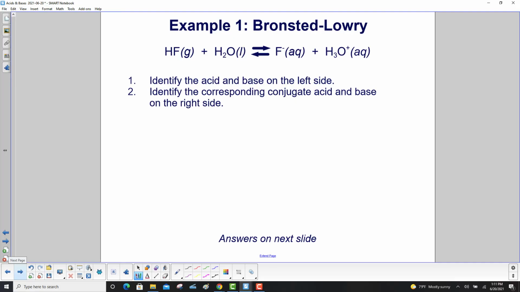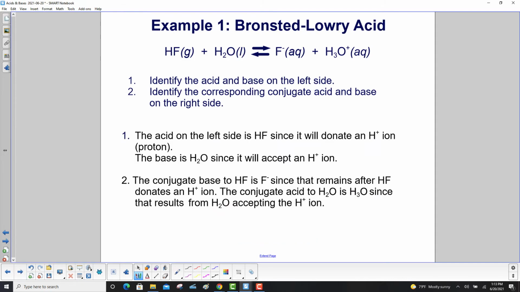Let's work an example. 1. Identify the acid and base on the left side, then identify the corresponding conjugate acid and base on the right side. The acid on the left side is hydrogen fluoride since it will donate an H plus ion or a proton.